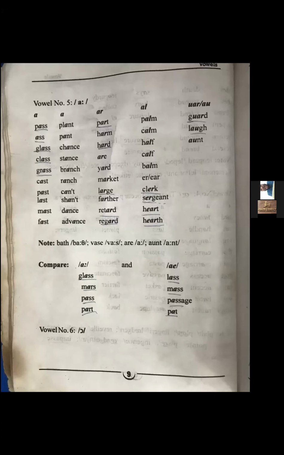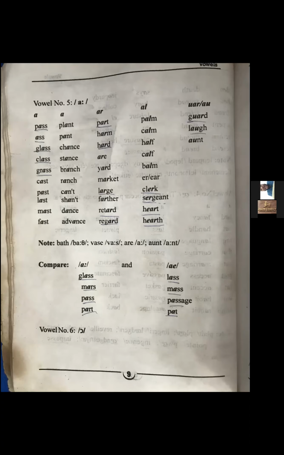Glass, lass, Mars, mass, pass, passage, part, pat. The first realization, you'll notice that it is longer, and that is why it is pronounced glass instead of the short version. It is glass, and then the other one is lass.